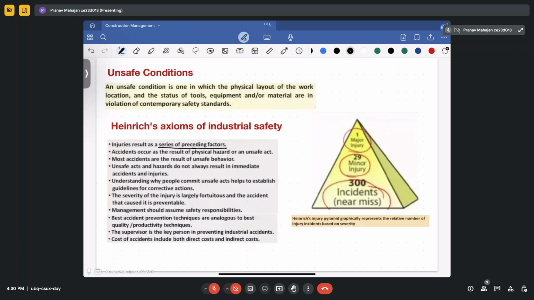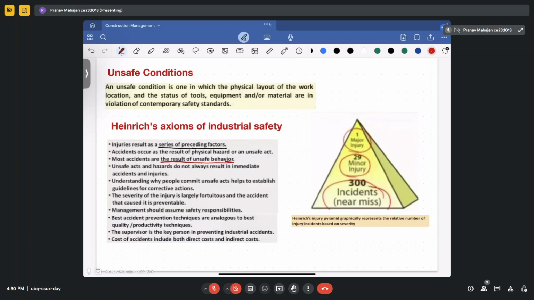I have already told you that a hazard is a condition. If that prevails, an accident will occur. Most accidents are the result of unsafe behavior. You should remember this: accidents always happen due to unsafe behavior. Like if you are driving a two wheeler on the road and you are not wearing a helmet, it is your responsibility if you meet with an accident and get injured.